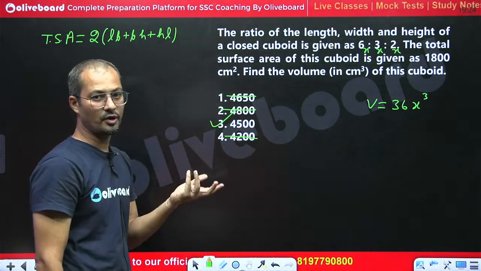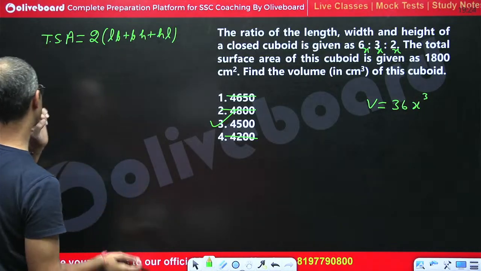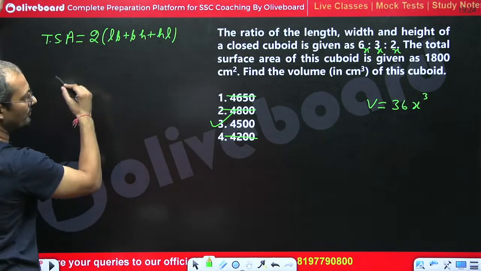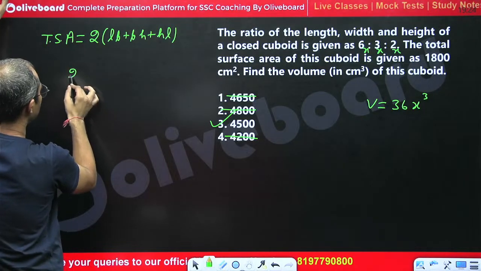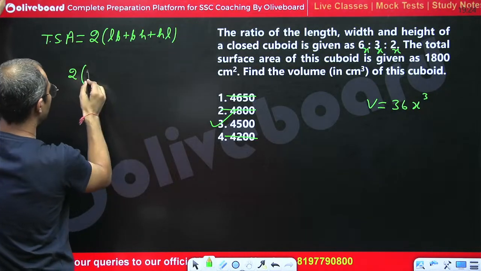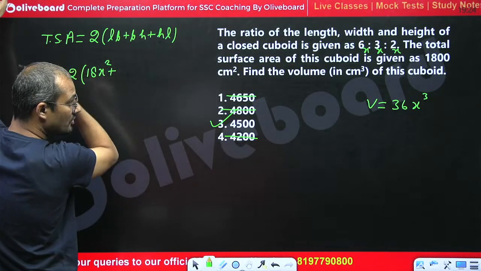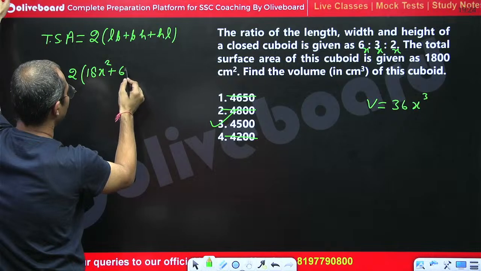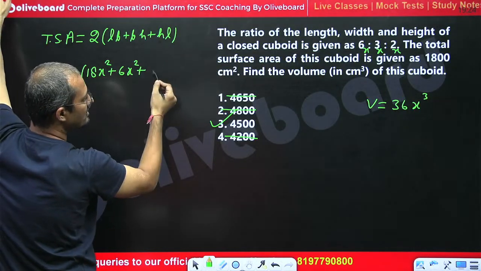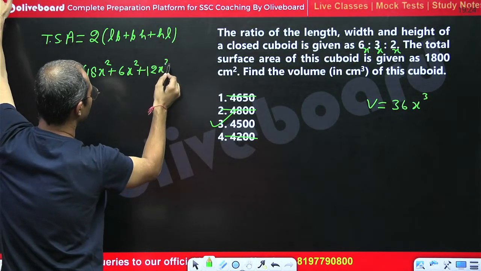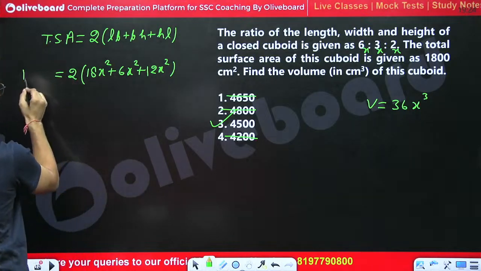Now what is the process of calculating it? The total surface area would become 2 into 6 into 3, 18x square, plus 3 into 2, 6x square, plus 6 into 2, 12x square. So this would be equal to 1800.